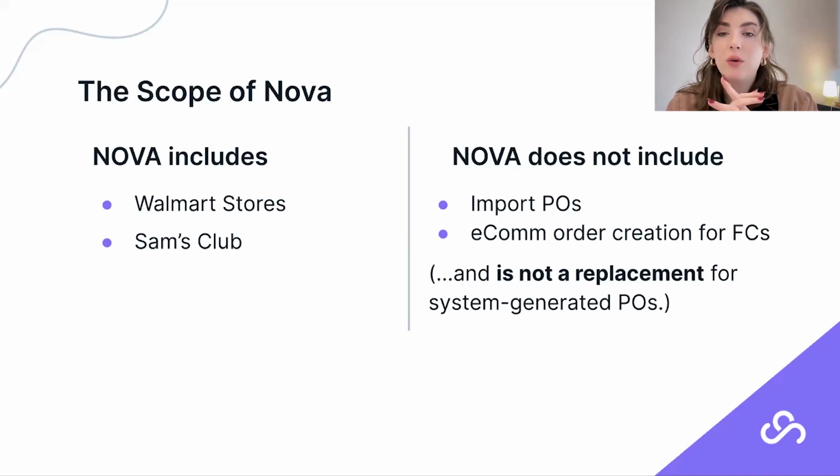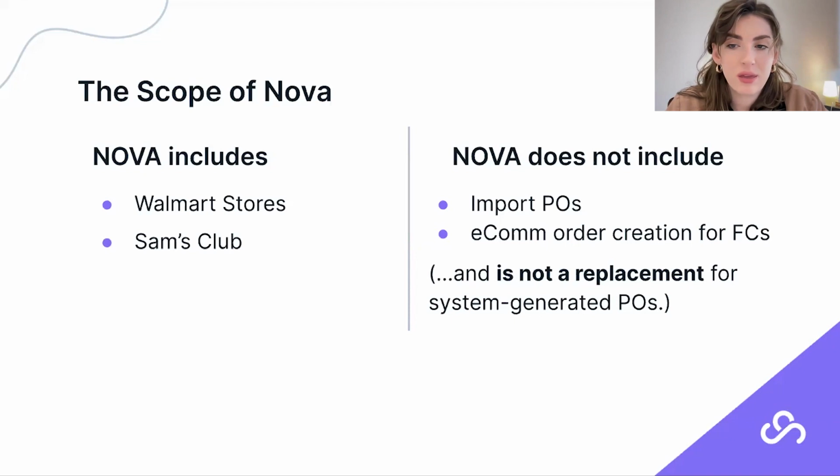And then there is an exception. If you have import POs or e-com order creation for fulfillment centers, that is going to be outside of Nova, and that will change on a cadence. I won't say that it's frequent, but I am assuming, watching the trends of Walmart, that as they build some of the features out, this will either keep its legacy process or we'll see e-com actually integrated into this.